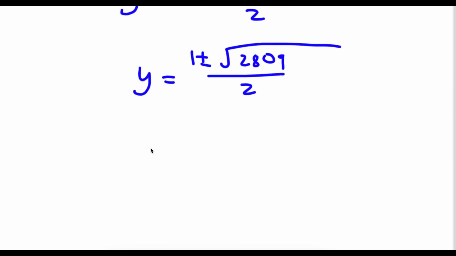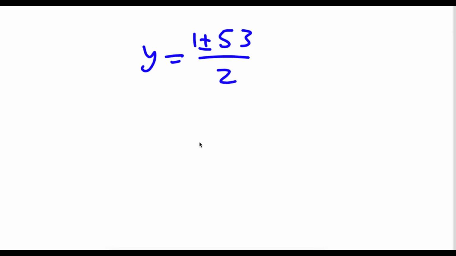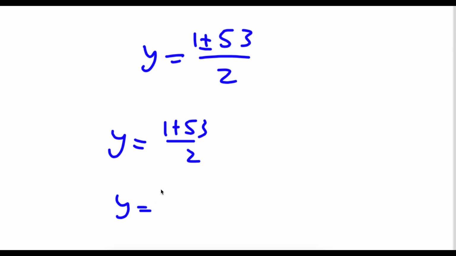And the square root of 2,809 is going to be 53. So now I have y is equal to 1 plus 53 over 2, and y is equal to 1 minus 53 over 2.